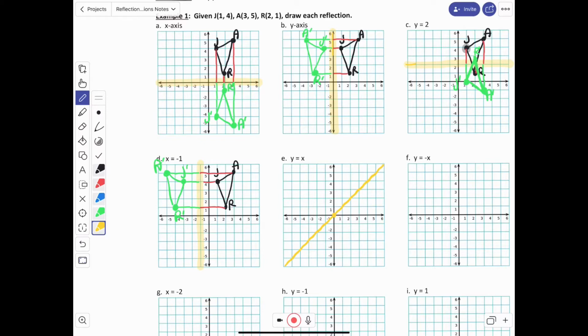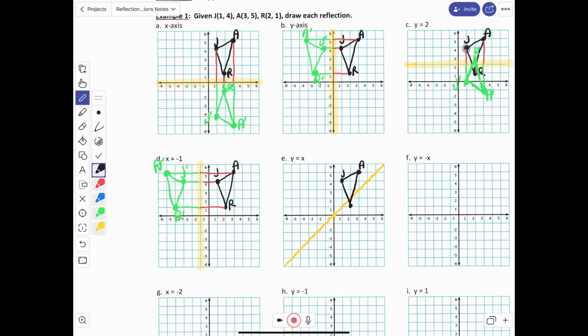The easy way to do it is that your x's and y's are going to flip-flop. If we draw our original points, we've got J at 1, 4, A at 3, 5, and R at 2, 1. Here are our original points.